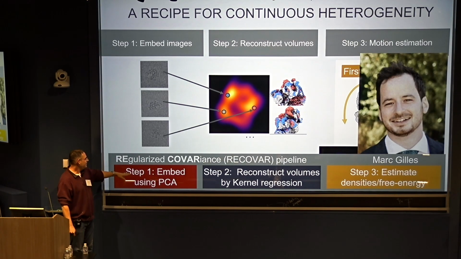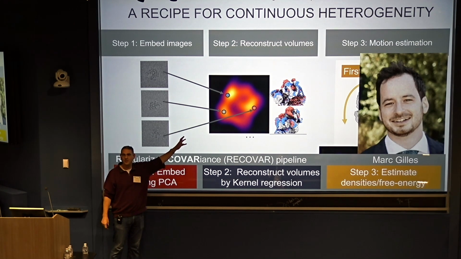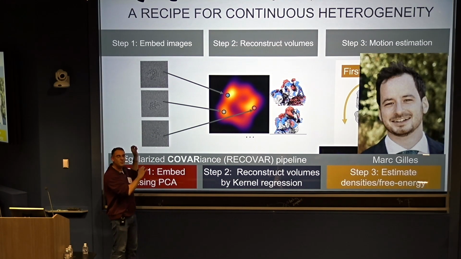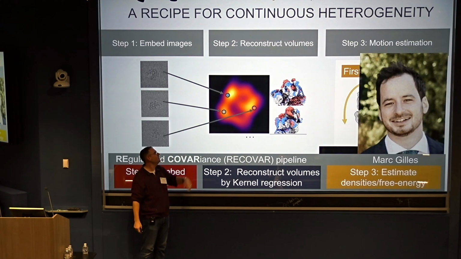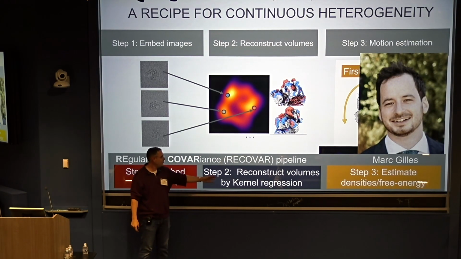Step one is just to embed using principal component analysis. You cannot apply PCA directly. You need to apply PCA to the 3D structures, but all you obtain are 2D images. So you cannot just apply PCA directly, but we use some clever extension of PCA to get the embedding. Then the reconstruction, we do it using kernel regression, again very classical statistical analysis.